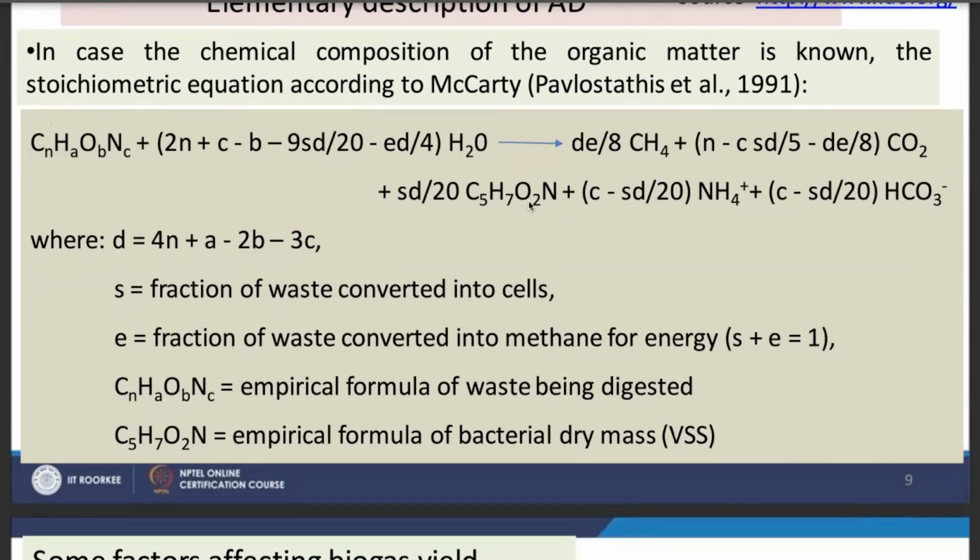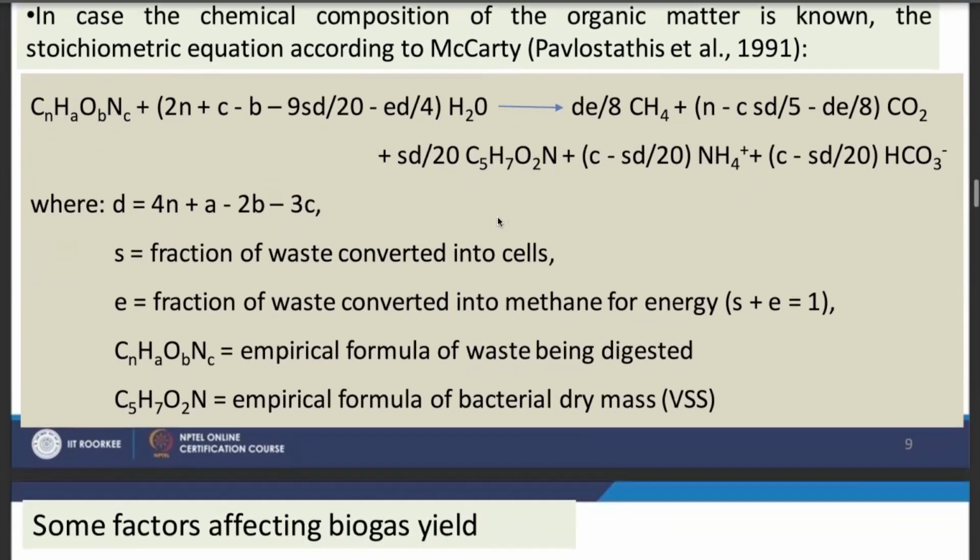This is the bacterial dry mass. At the end of the day, bacteria is also an organic creature, hence its signature will be organic and it is represented like this. Some of the fractions of waste converted into cells are given here.